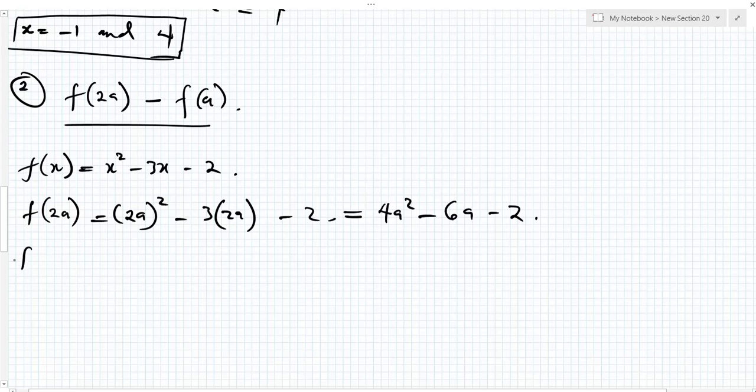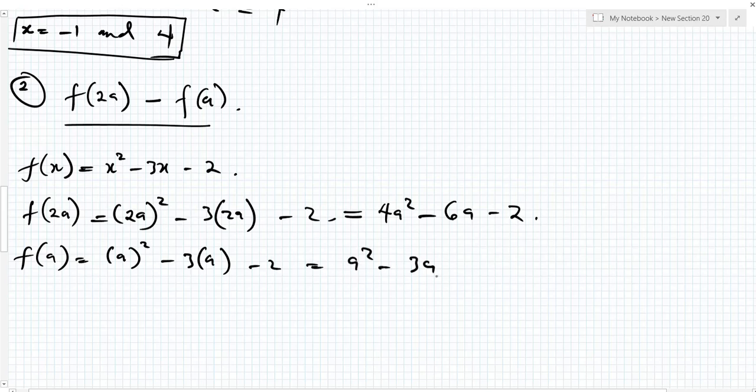Now for f of a, wherever I see x, I replace it with a. So that means a raised to power 2 minus 3a minus 2. So I will have a squared minus 3a minus 2.